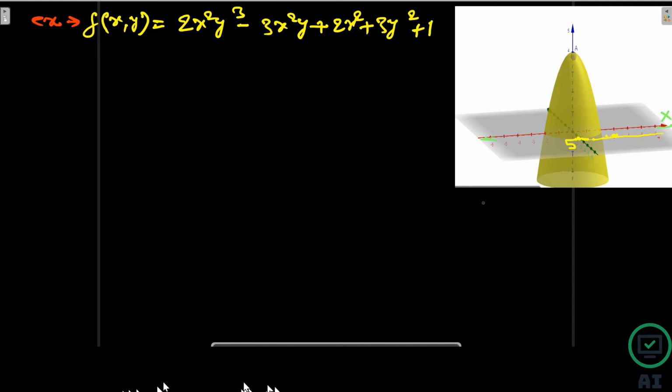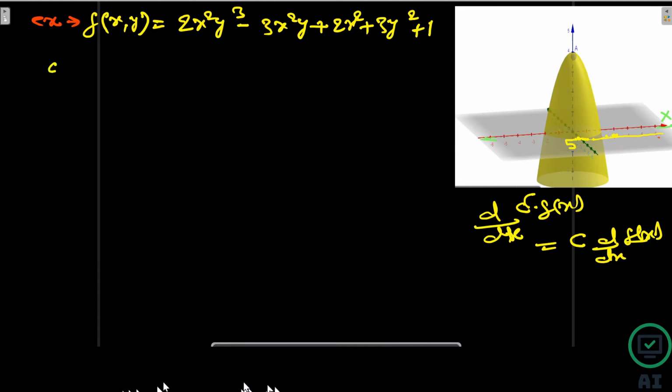Just for your information, when we differentiate a constant times a function of x, we take the constant out and then differentiate the function of x.